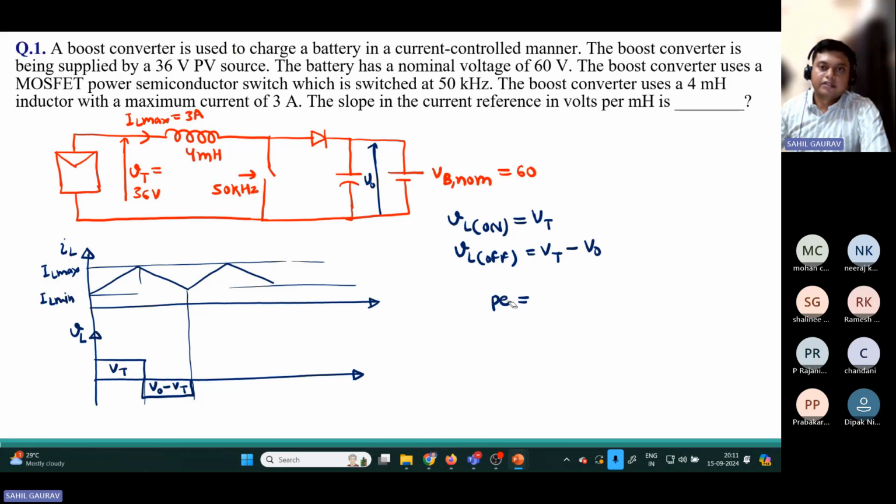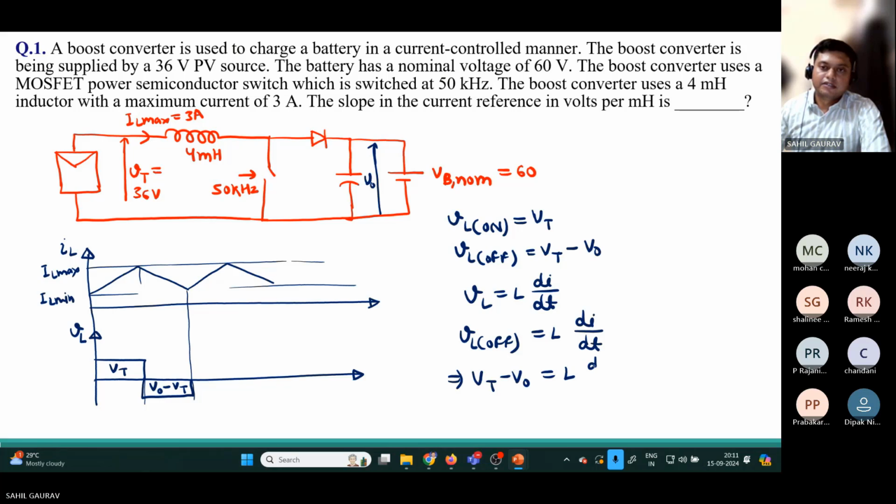So you can write it like this also, VL equal to L di by dt. VL, we are taking during turn off condition, L di by dt. So VL is Vt minus V naught, equal to L di by dt.